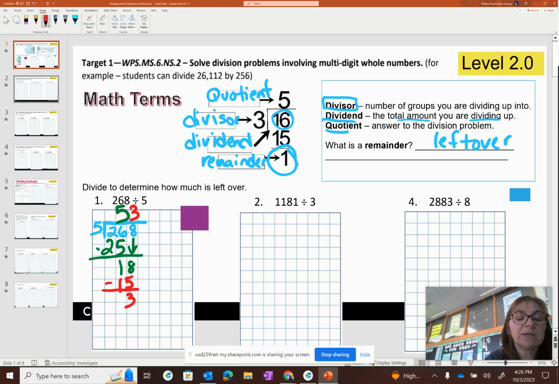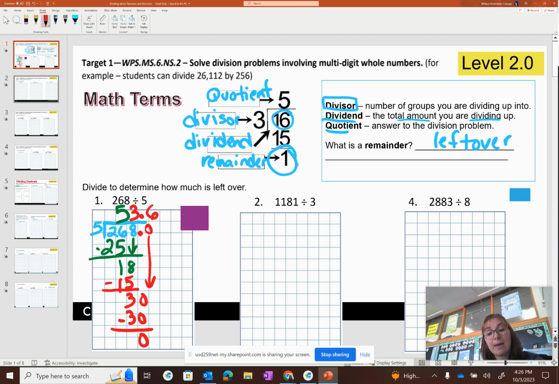I subtract and get 3. At the end of the number 268, I know there's a decimal. I'm going to bring it up to my answer and add a trailing 0. How many 5s go into 30? 6. 6 times 5 is 30. I subtract and get 0. That one happens to end.